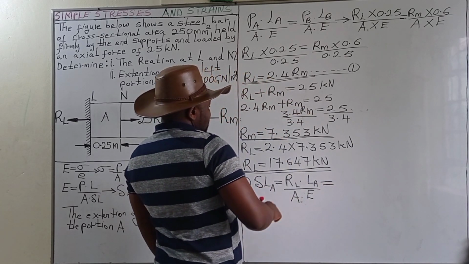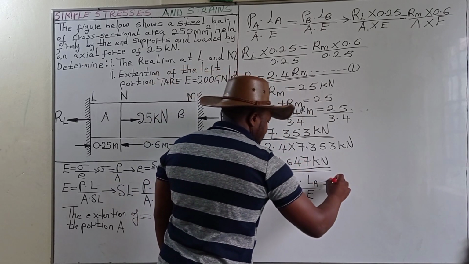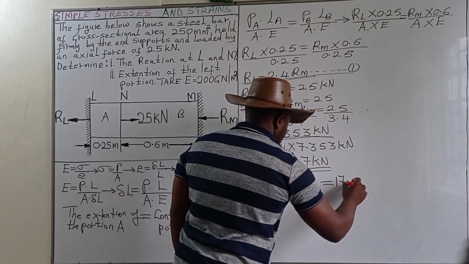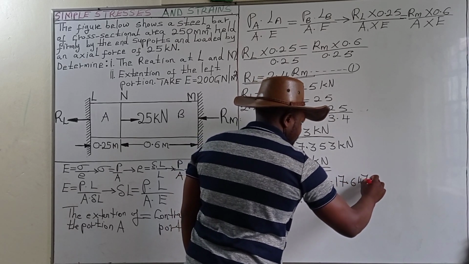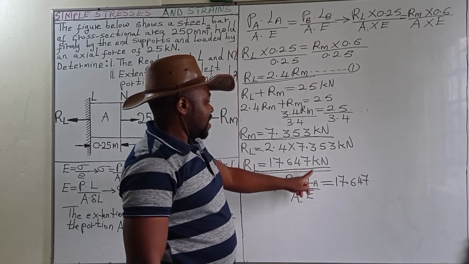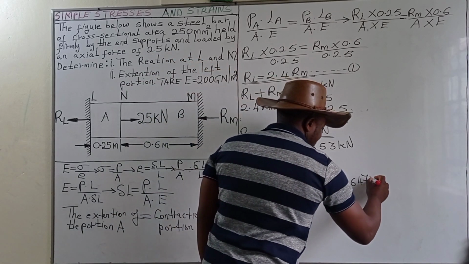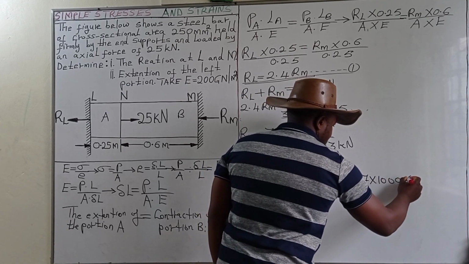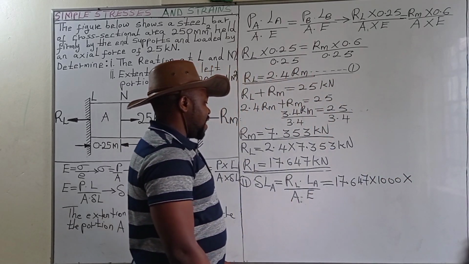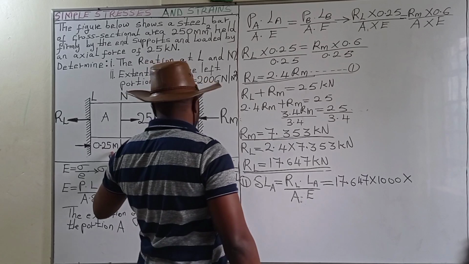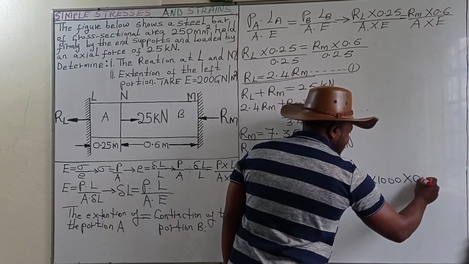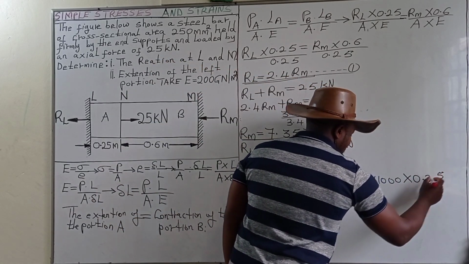So this is going to be reaction at L, that is 17.647 kilonewtons. We are going to convert it to newtons. We multiply it by 1,000, multiplied by the length of the portion A, that is 0.25 meters.